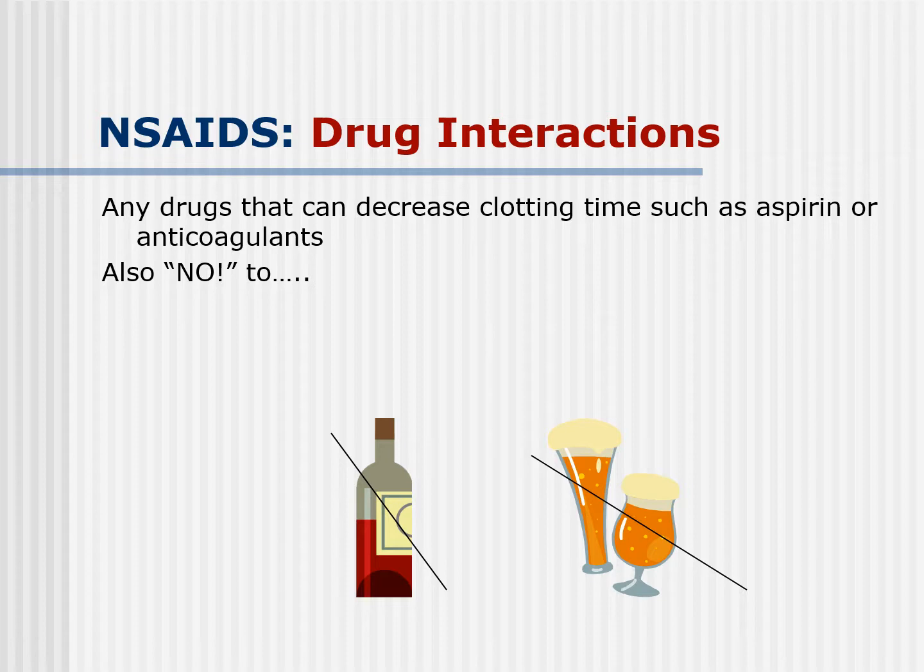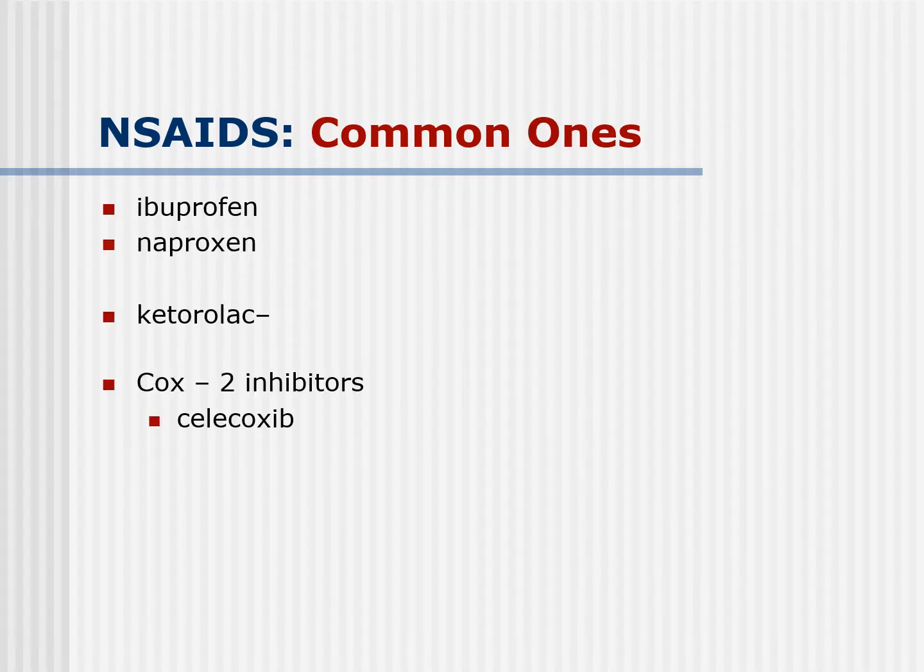And then, of course, alcohol, because alcohol can affect the liver, which plays a role in the clotting cascade.